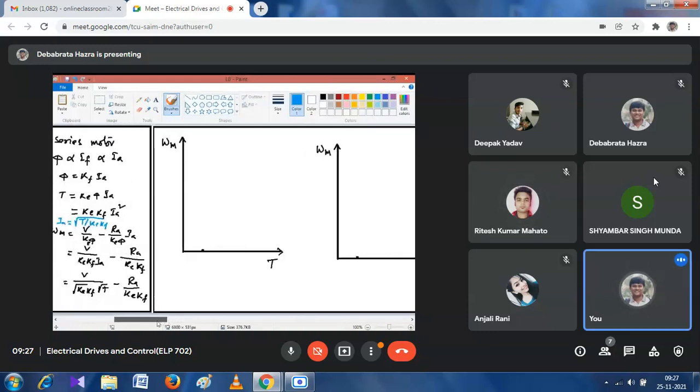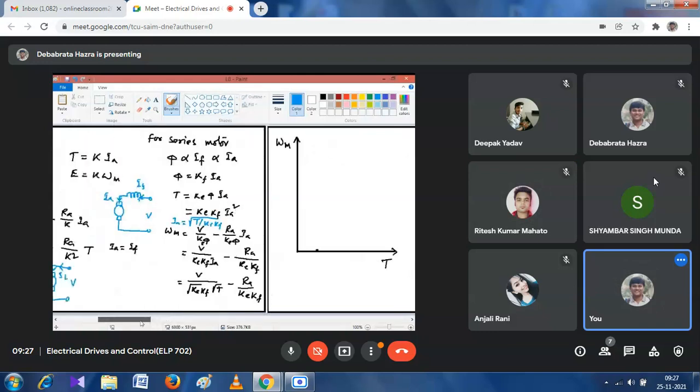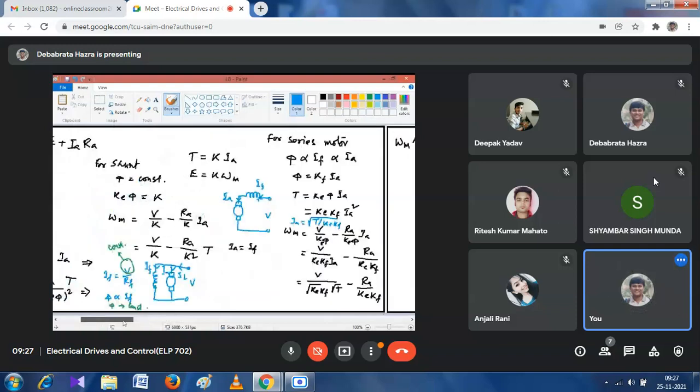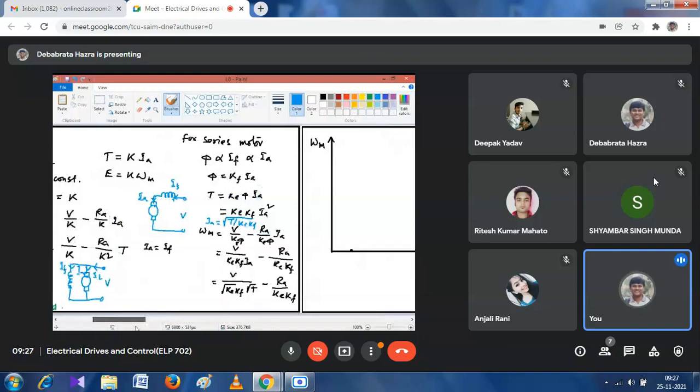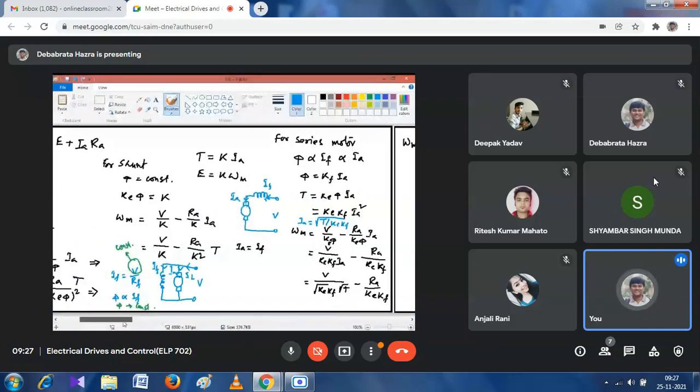First we have to plot omega versus T. What is the nature of that?